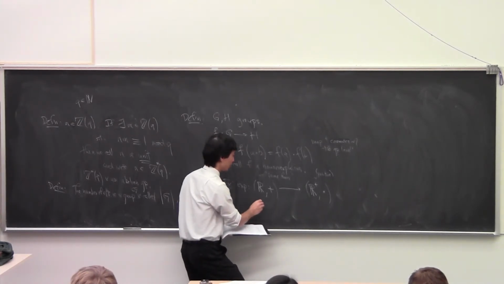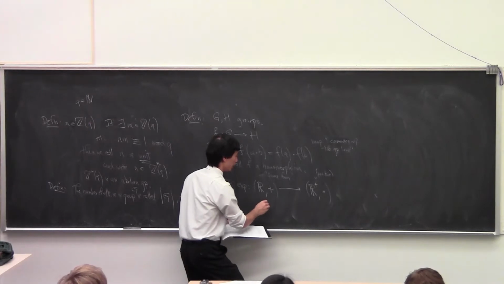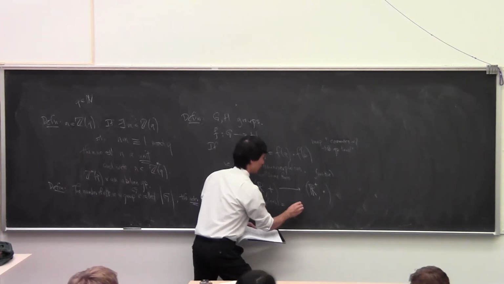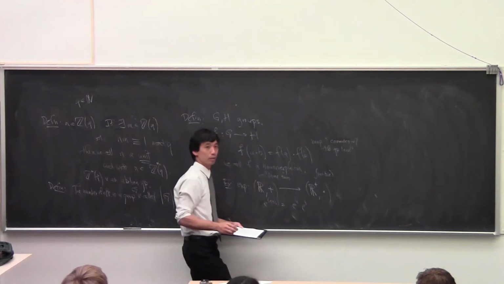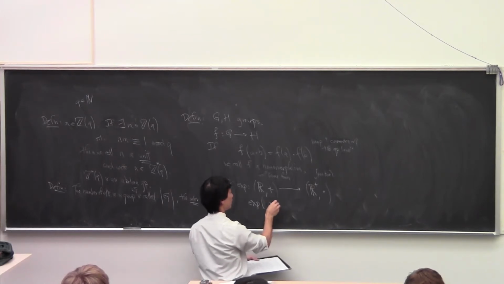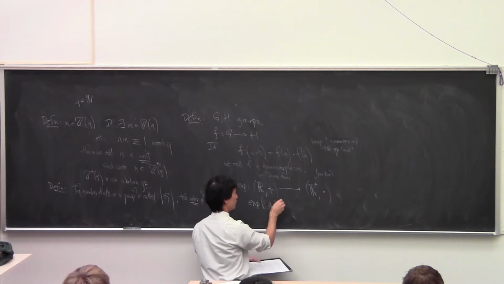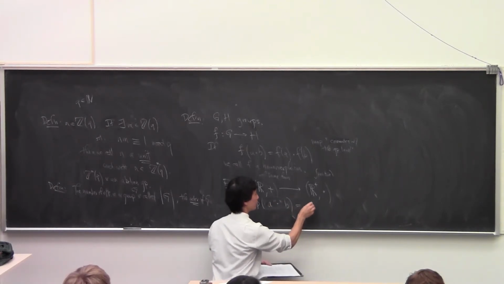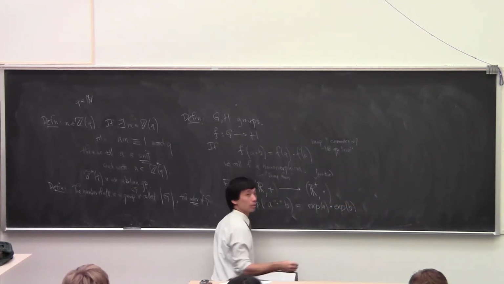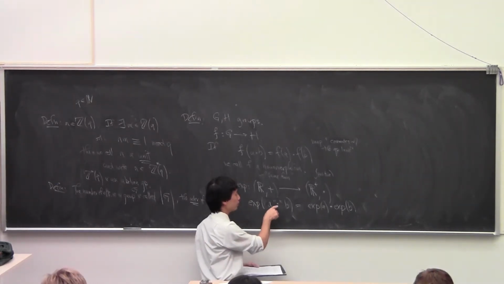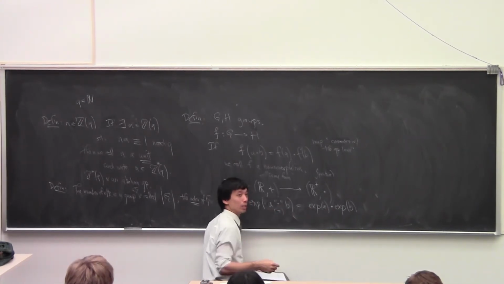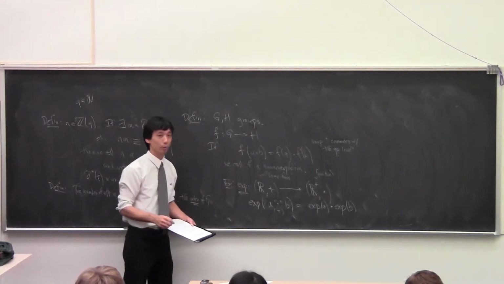And we see that the exponential function of a plus b is e of a times e of b. The exponential function of a group law b is the exponential function of a group law the exponential function of b, where the group law here is plus. So this is an example of a homomorphism.